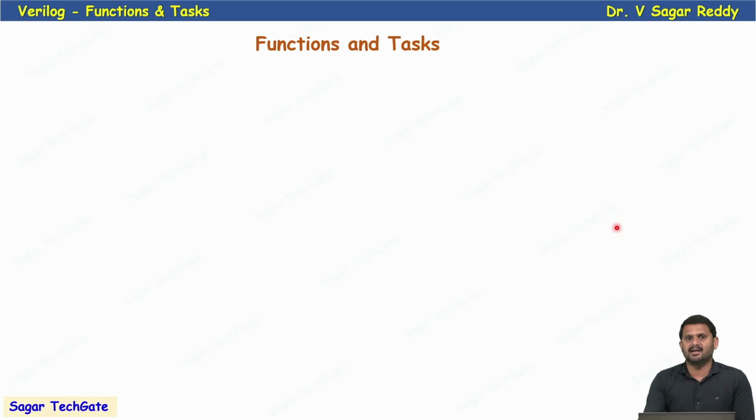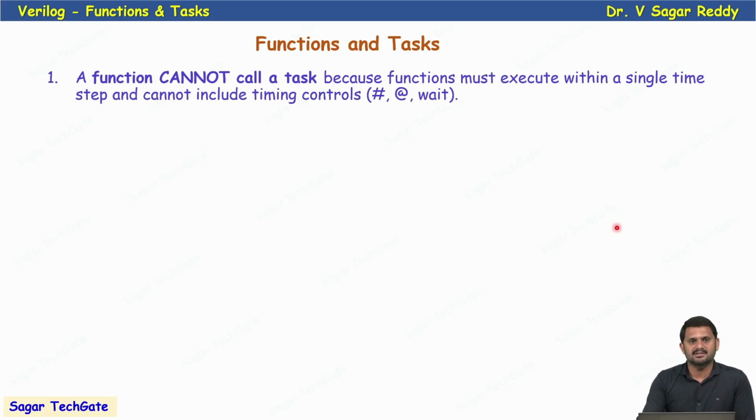Now here I'll give some concepts related to function and task. A function cannot call a task because a function must execute within a single time step and cannot include timing controls. So what is the thumb rule we follow? Actually, we discussed a function cannot contain any time related constructs or event related constructs. Yes or no?